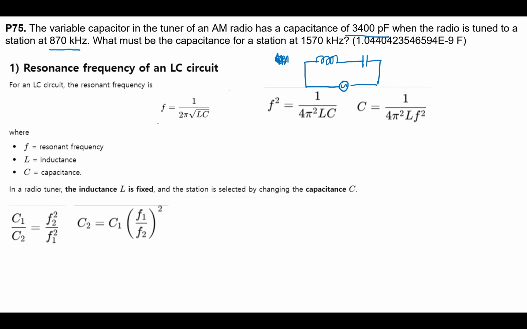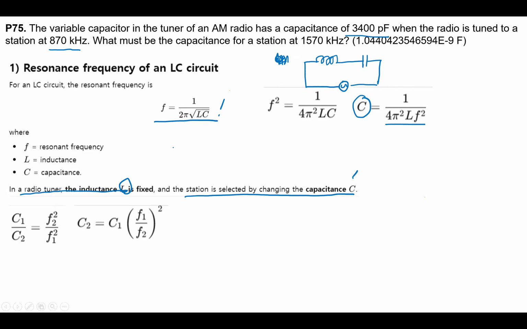The resonance frequency is given by this one, and then we get this relationship such that C is given by this one. And this is the logic we are going to use. In a radio tuner, the inductance is usually fixed, and the station is selected by changing the capacitance C. So note that this is the variable.